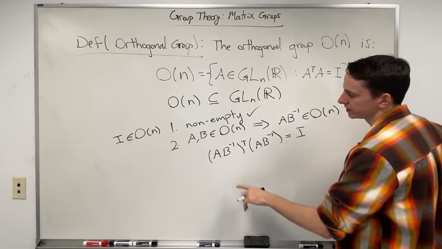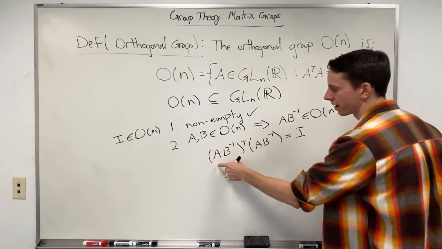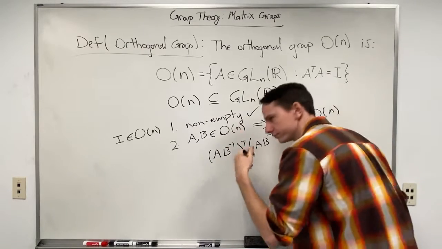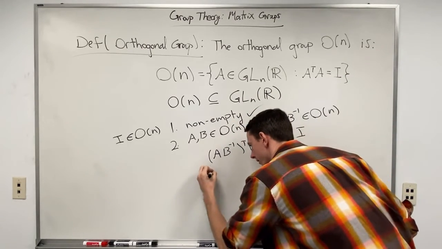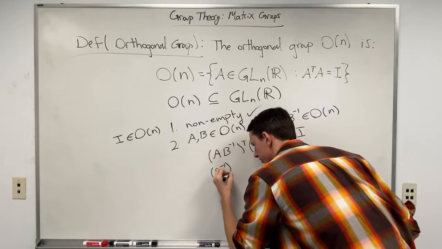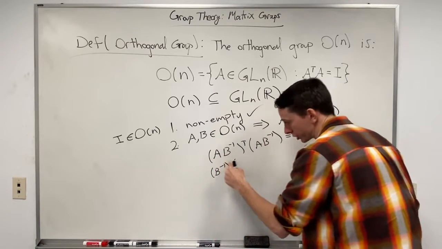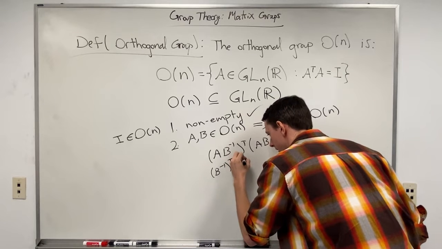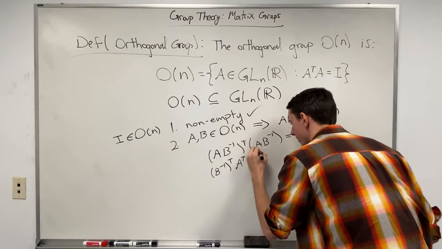First of all, we know that if we take a transpose of a product, that is the same thing as inverting the order, so having B inverse first and A second, and then transposing each of those matrices individually. So B inverse transpose, A transpose A, B inverse.